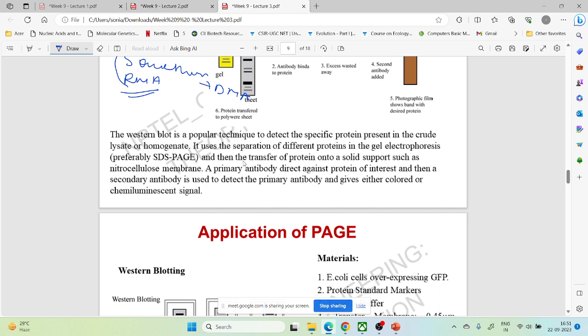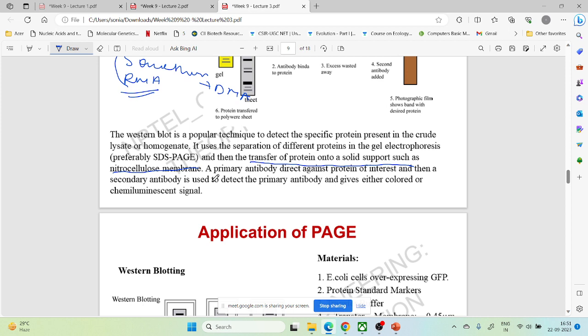Then you can have your antigen-antibody interactions: you add your primary antibody and secondary antibody. What is the difference between a primary and a secondary antibody?